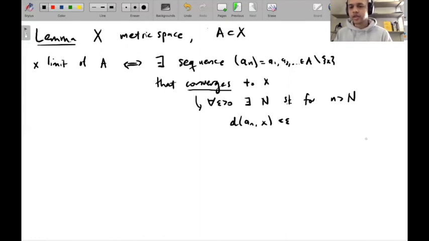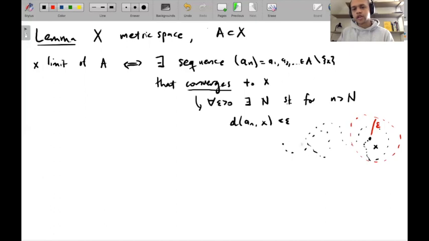So the picture is we have x and we have some sequence of points in the space, or here we're assuming they're in A, and this sequence converges to x if, well, given any epsilon, eventually all the points lie in this epsilon ball.